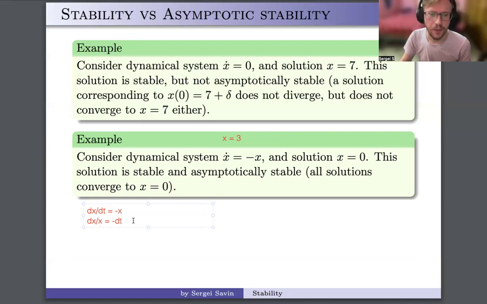All right, good. Now, as a next step, I integrate both sides, and on the left-hand side we get the logarithm of x. On the right side we get minus t, but there is a small detail that I'm missing: the constant of integration, right?